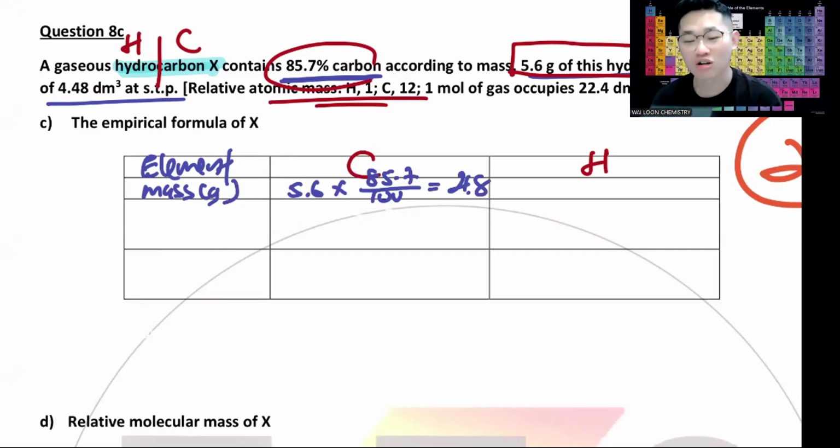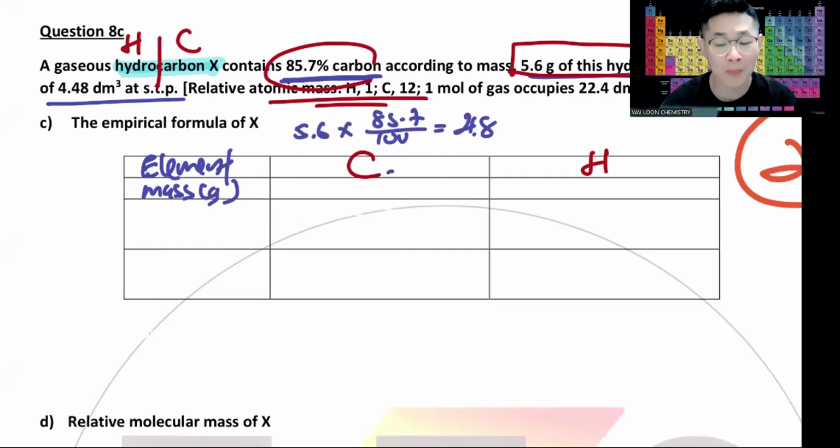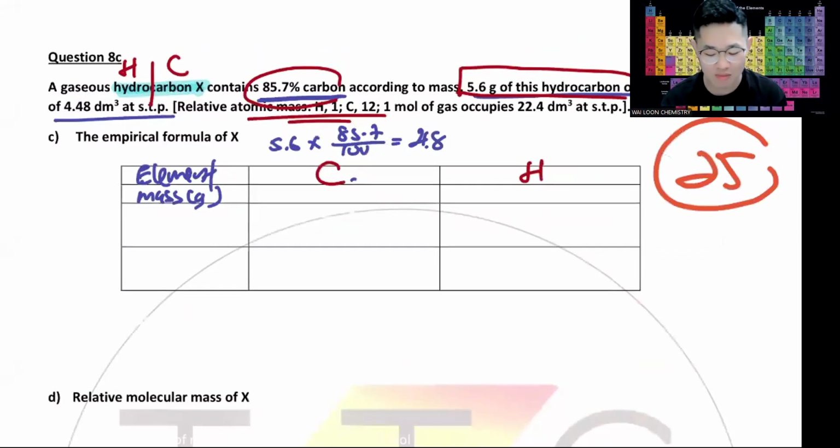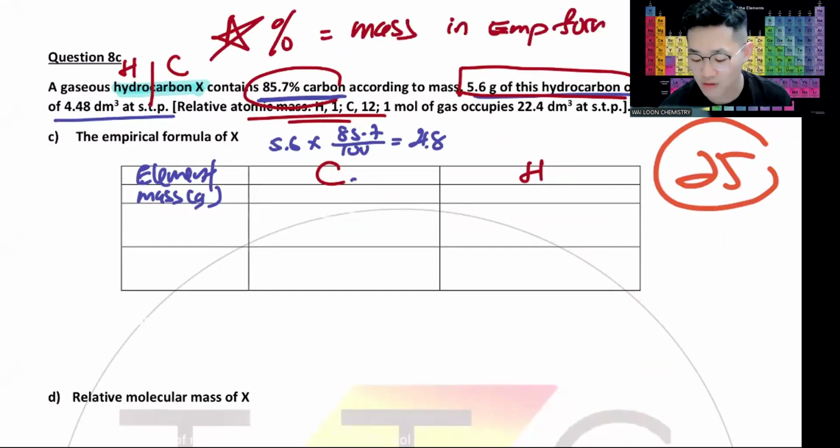In the end, wrong. The teacher said no need. You should just use the percentage directly as mass. So this is something very important. I must put a star here and remind you all: percentage is mass in empirical formula. Whenever you are given a percentage in an empirical formula calculation, just put it in as mass.